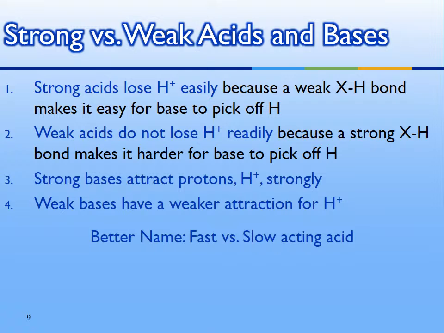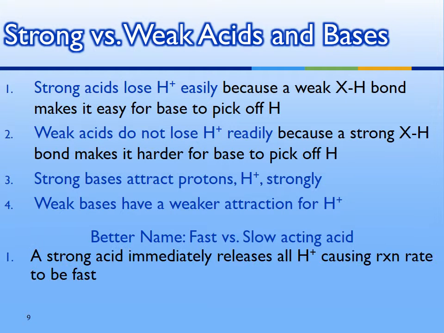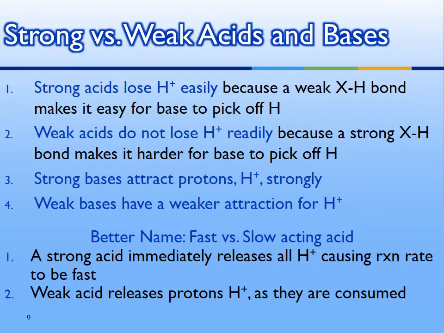What might actually be better to say, if one were to think about it a little bit, instead of saying strong or weak acid, is fast or slow acting acid, because a strong acid puts all of the hydrogen ions in solution immediately, causing a reaction to be much faster, whereas a weak acid initially releases only a small amount of hydrogen ions, and then it keeps releasing them as the hydrogen ions are consumed, but that makes the reaction slower.